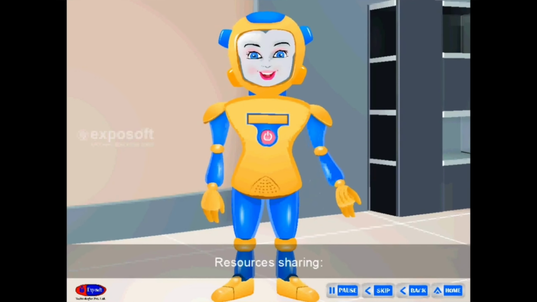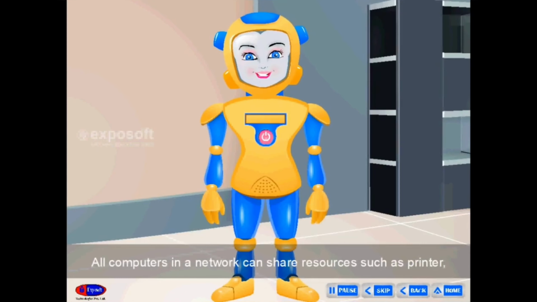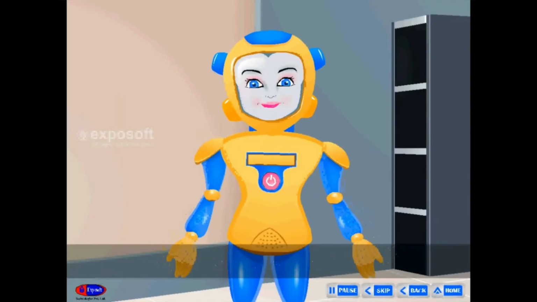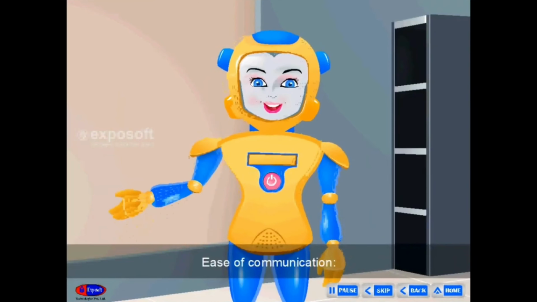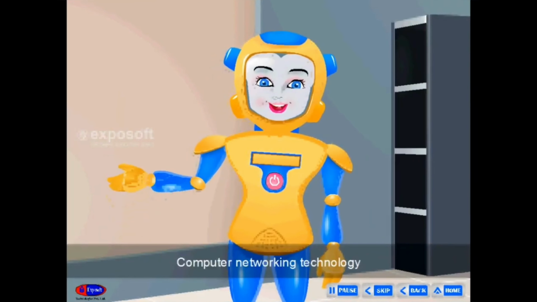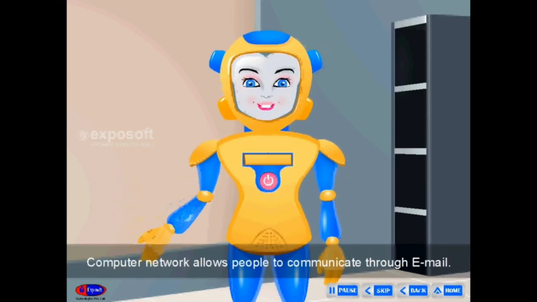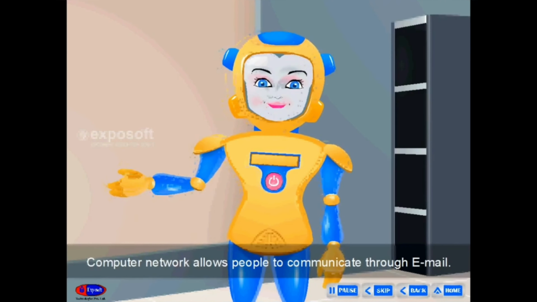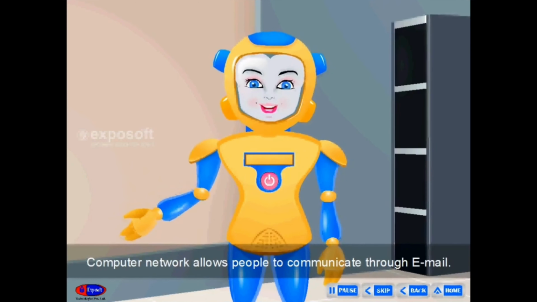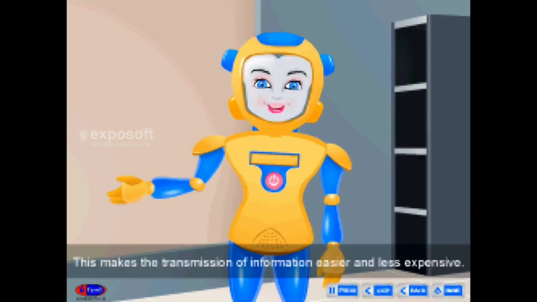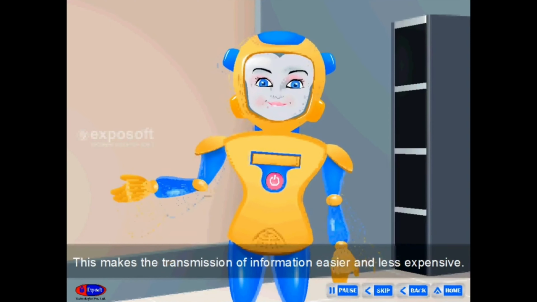All computers in a network can share resources such as printer, scanner, modem, etc. Ease of communication. Computer networking technology has improved the way of communications. Computer network allows people to communicate through email. This makes the transmission of information easier and less expensive.